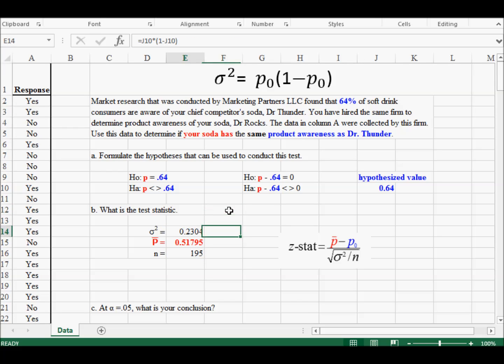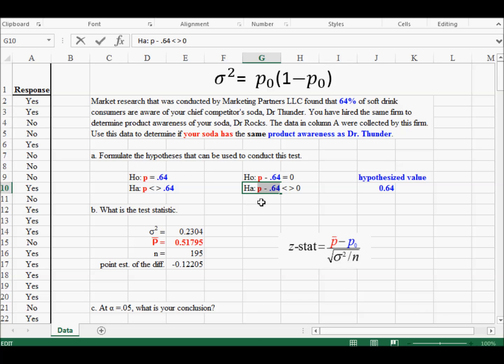Next, we want to calculate the sigma squared for the z-stat. If you recall from earlier discussions, the sigma squared in one proportion hypothesis testing is the hypothesized value 0.64 times 1 minus the hypothesized value 0.64. The numerator of the z-stat is, again, the point estimate of this difference.